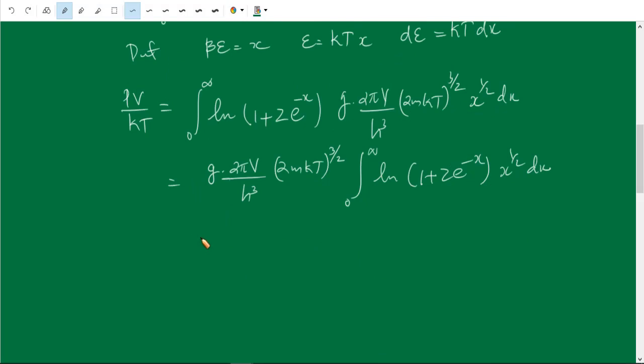This we integrate by parts, so this will be the integral of this thing.